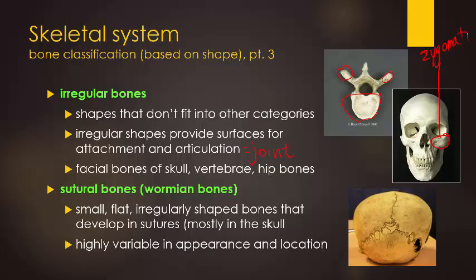This is the vertebra, or a vertebra. So the zygomatic bone of the cheek, the nasal bone here, the vomer inside, the mandible and the maxilla. These are all irregular bones, whose shape is not so easy to classify.